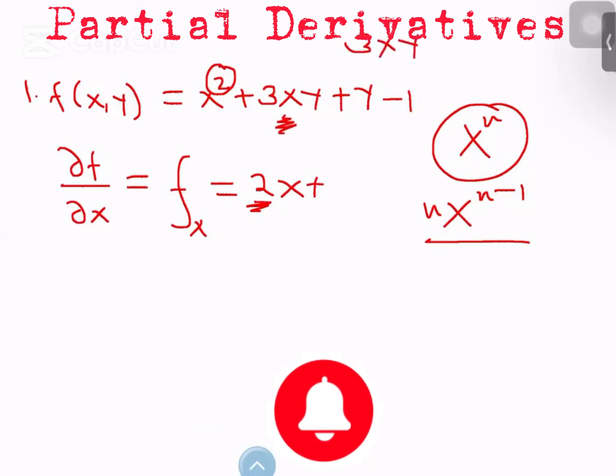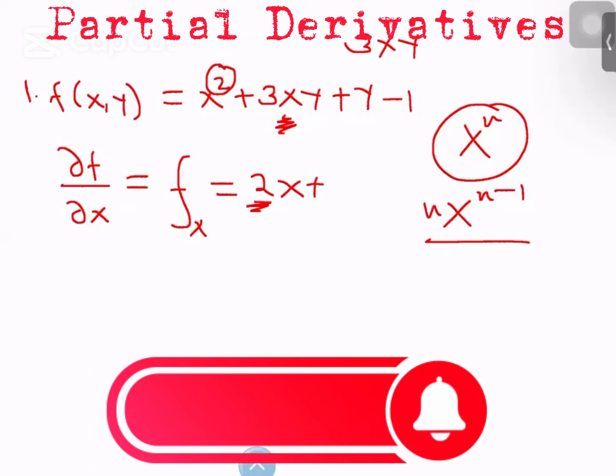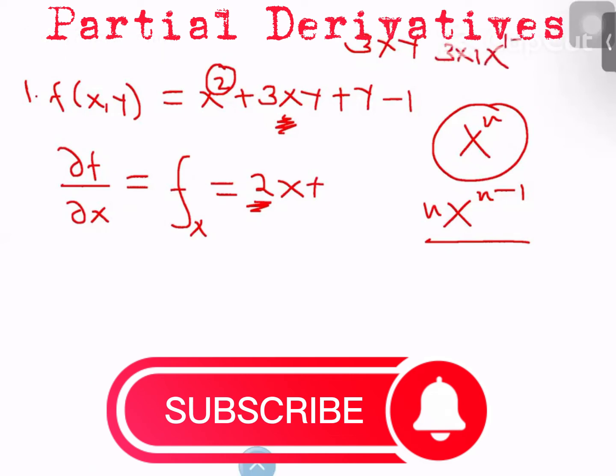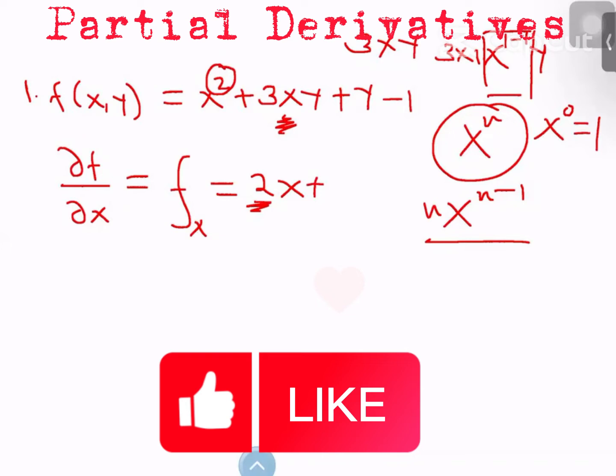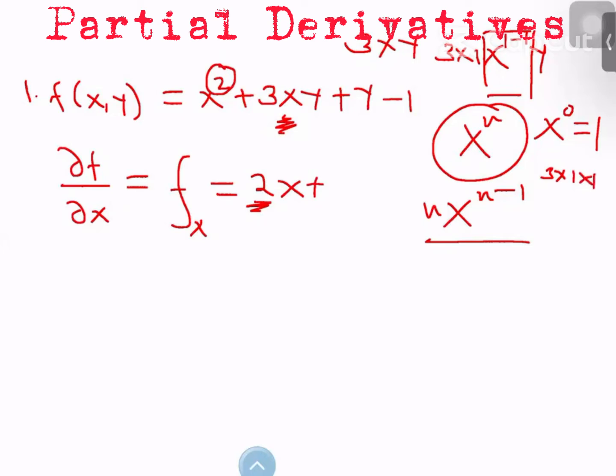If we bring the 1 down, we are going to have 3 multiplied by 1, and then x to the power 1 minus 1, and then y. This one is the same as x power 0, and anything raised to power 0 is equal to 1. So there you have 3 multiplied by 1, multiplied by 1, and then multiplied by y. And therefore, you're going to get 3y.